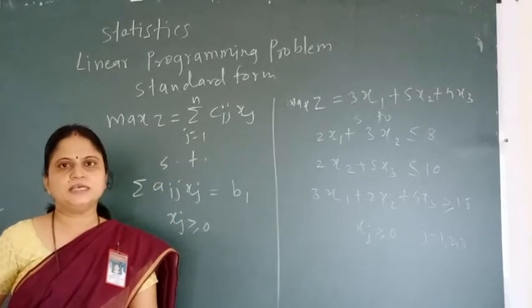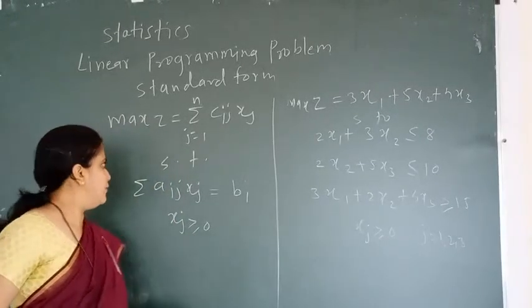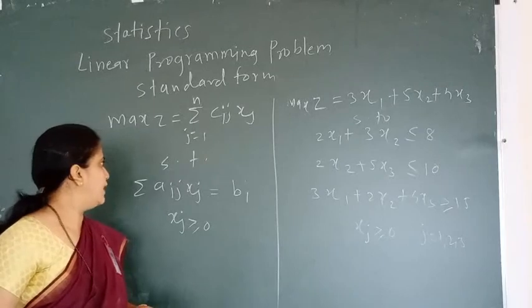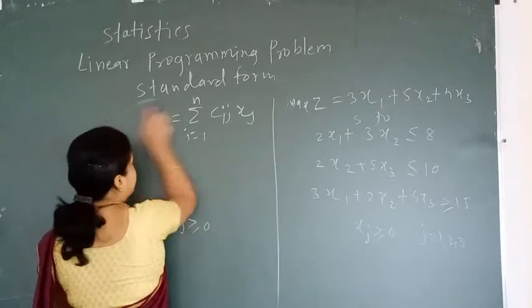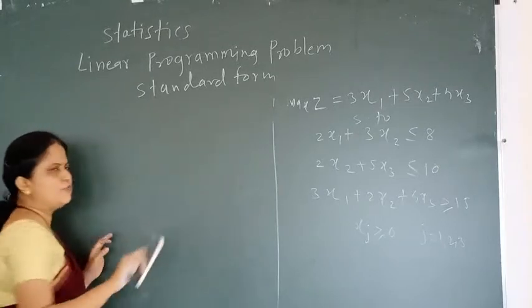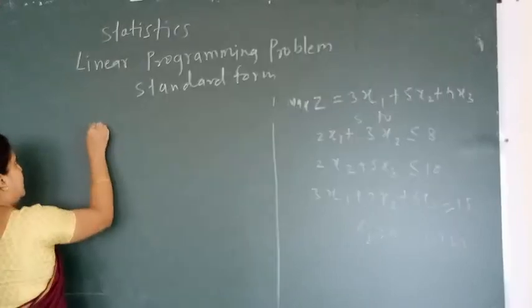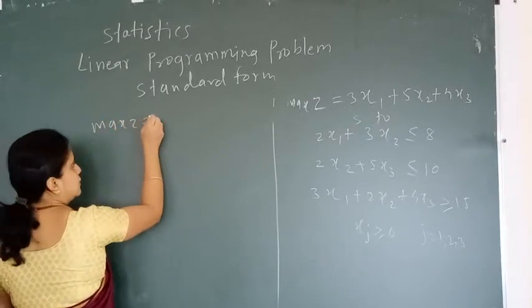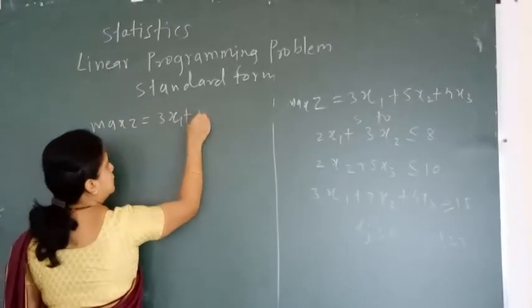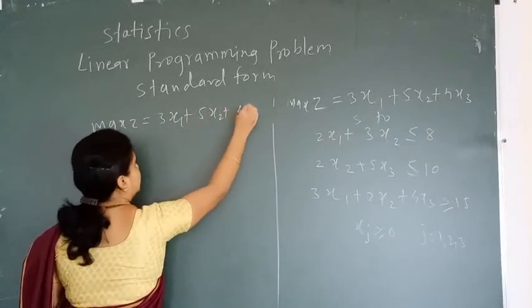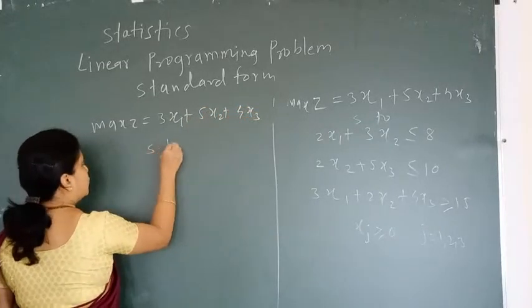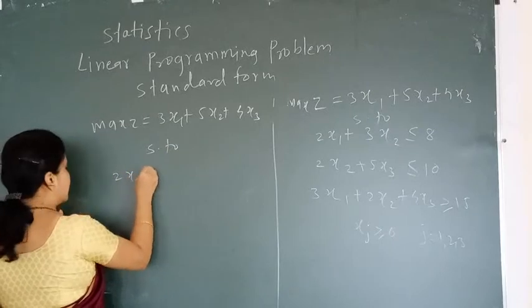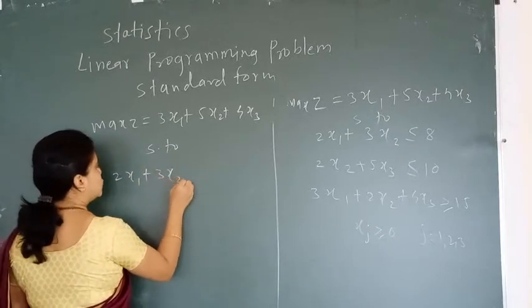So that is my standard form. So if I want to write over here, I can write the standard form as, since my objective function is as it is, that is maximize z, it doesn't change, it gives me this function only. Okay. Then subject to constraints, I have the first constraint as 2x1 plus 3x2.